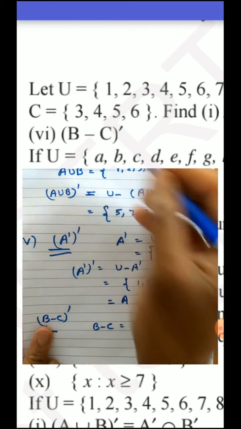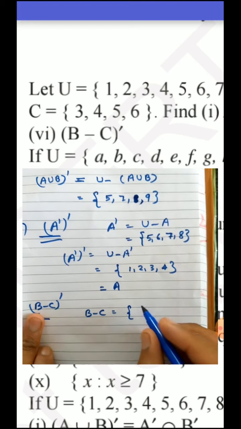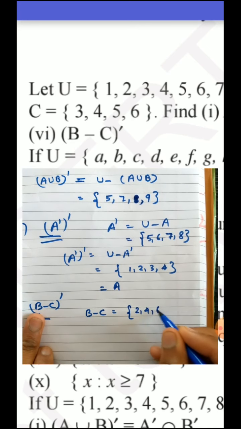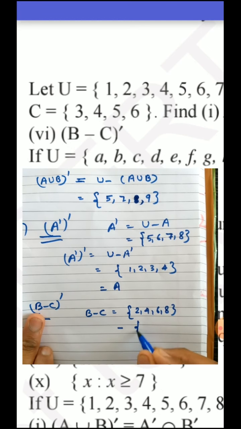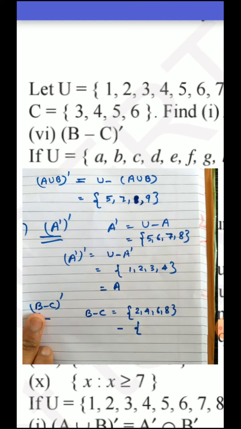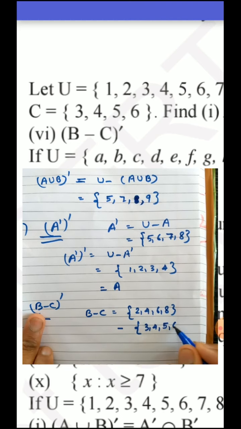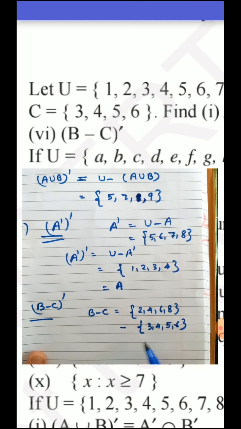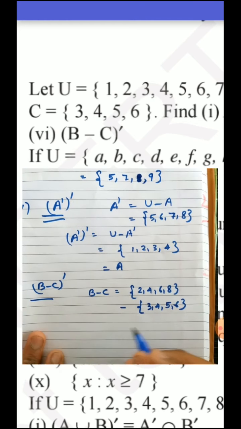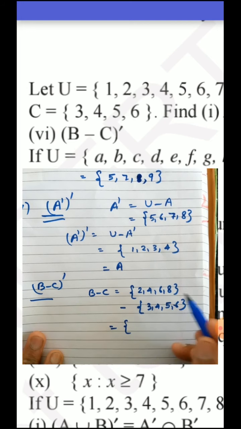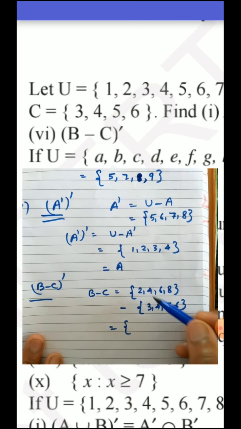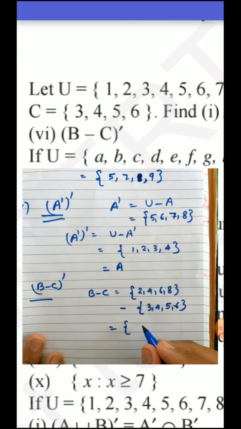Set B is 2, 4, 6, 8 minus set C, which is 3, 4, 5, 6. So therefore B minus C equals, 3 is not in B, 4 will be cancelled, and 6. 2, comma 8 is B minus C.